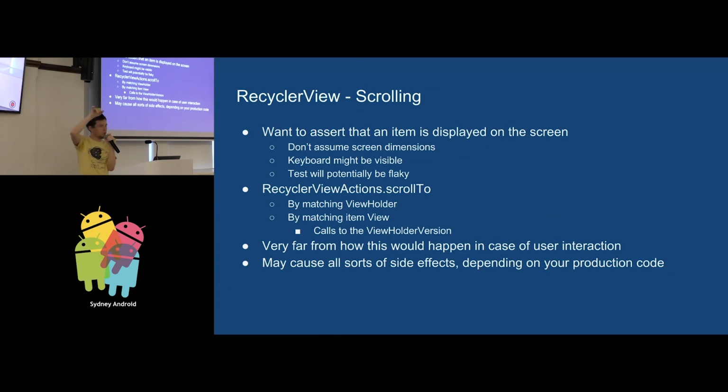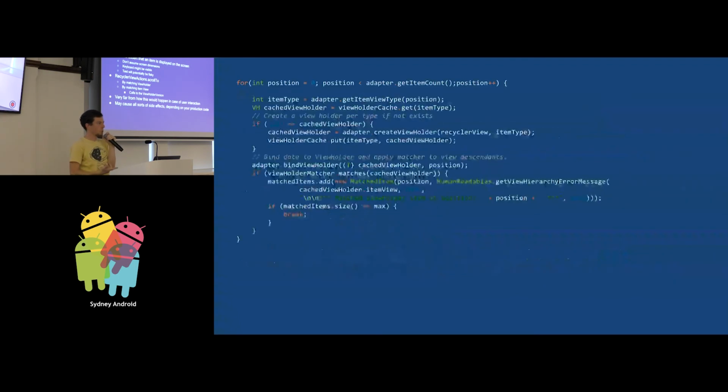If you want to find a certain item, it's going to go through your adapter, create each and every view by calling onCreateView on your adapter, and it's going to bind it and then match against it. So basically, this is going to go through all the data, which is very, very wasteful. It's not simulating the user interactions as closely as we would want to. Plus, because those items are not going to actually be attached, certain assertions are not going to work.